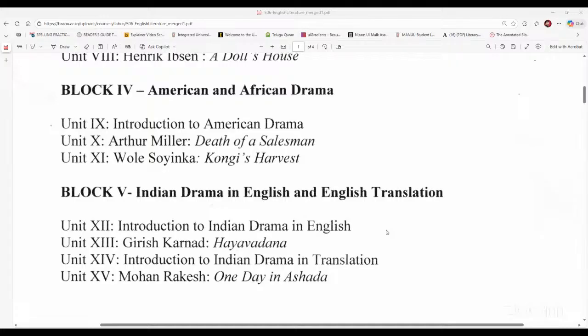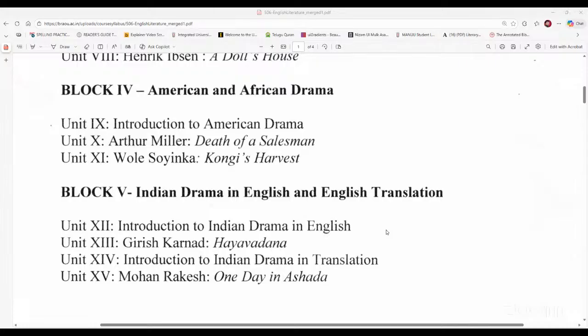The first unit will introduce Indian drama in English, the variety of its characteristics, features, and how and why it is a distinct category in literature. After that, there is one drama written by Girish Karnad, Hayavadana, that we are going to study in depth.